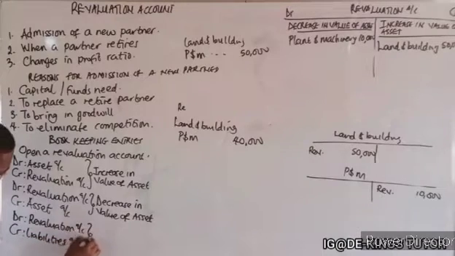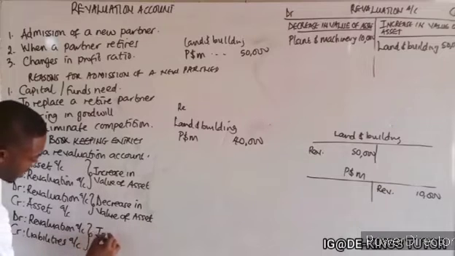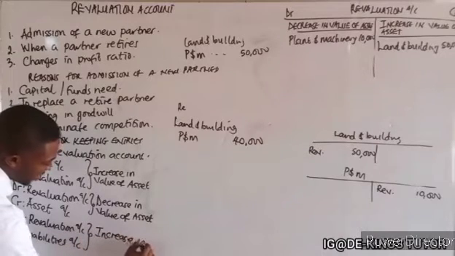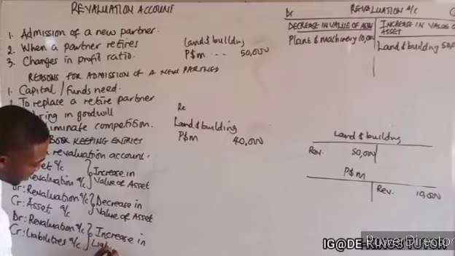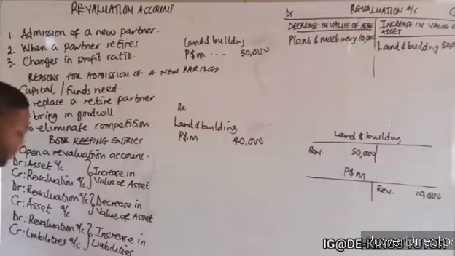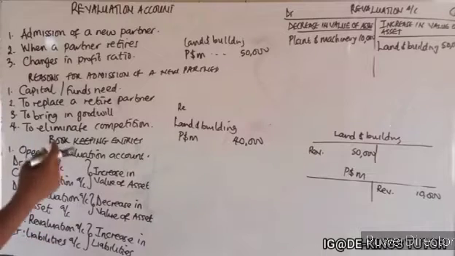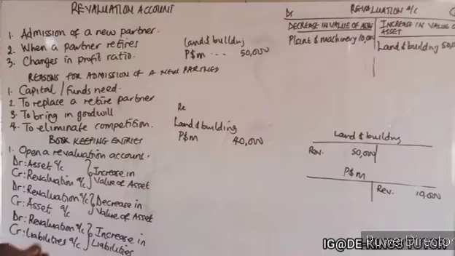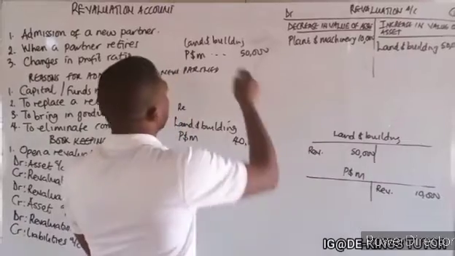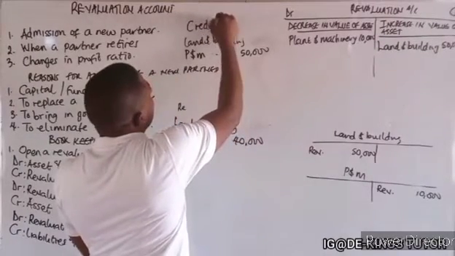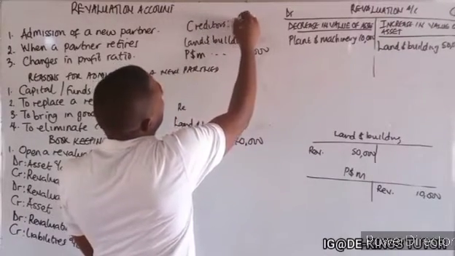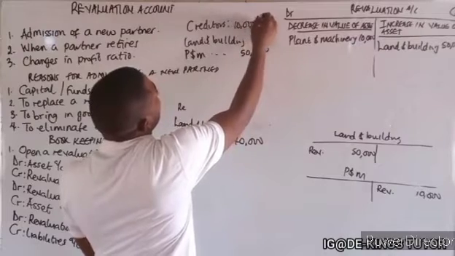I told you it is not only the asset that is being revalued. Now we'll do this when there's increase in liabilities. Okay. Now, for instance, if the liabilities increase, like for instance, creditors before now, they are owing them, let's say 10,000.